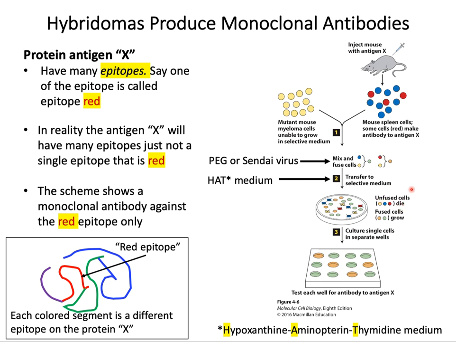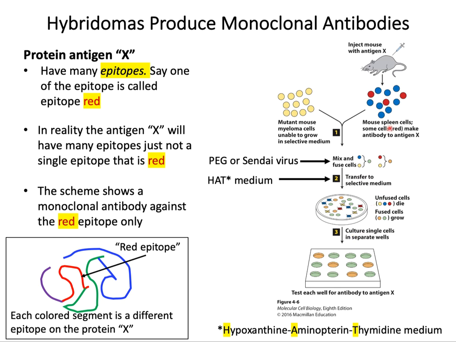The unfused myeloma cells will also die as they lack the TK or HGPRT, and the media contains HAT, which blocks the de novo pathway to synthesize the purines or precursors of nucleotides for DNA synthesis. So de novo, salvage, and alternative pathways are all blocked for these unfused myeloma cells.